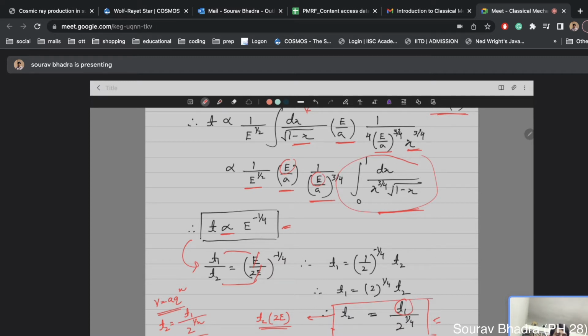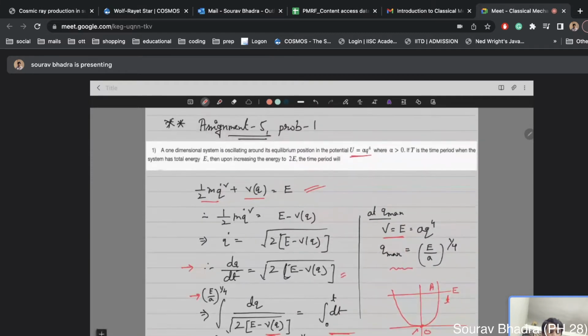If your potential follows a power law with exponent n, then by changing your energy from E to 2E, you get a decrement of your time period by a factor of 2 to the power 1 by n. If you use n equals 4, you will reach that result also.